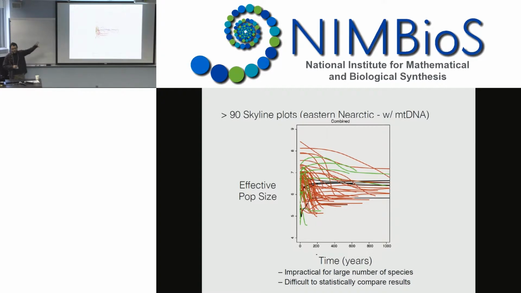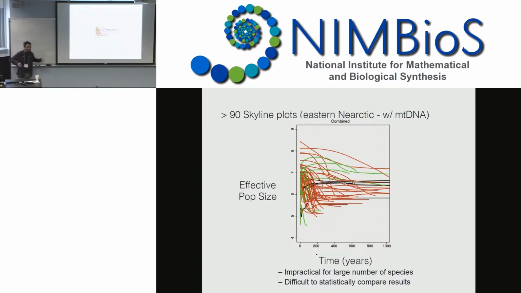So again, what a lot of people have done with these kinds of data is basically, for every particular species, make an inference about population size change over time, and then just overlay everything. And this is what you would get, at least in this case with the Eastern Nearctic data. It's kind of a big mess. It's a little bit impractical for large numbers of species. It's difficult to statistically compare results.